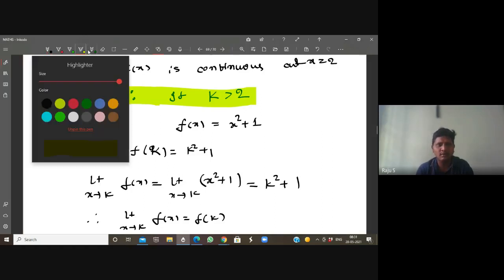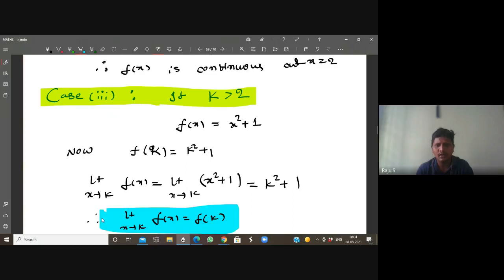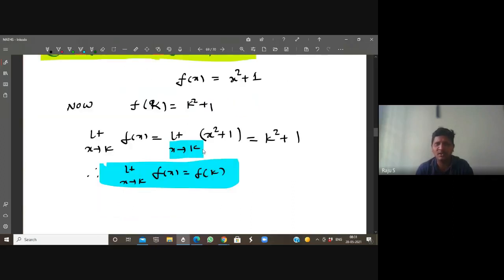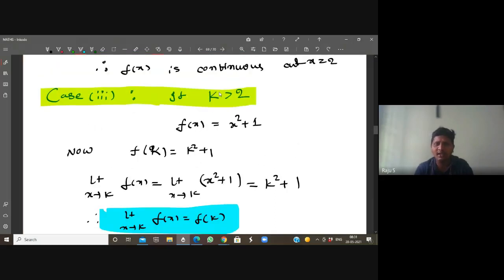Clear, students? Therefore, what can we conclude here? Why should we take x tends to k here? Why don't we take 2? No, we should not take 2 because k greater than 2 means k is having infinite values. So in general, it's better to find the continuity at k alone, right? So limit x tends to k, f of x value is f of k.